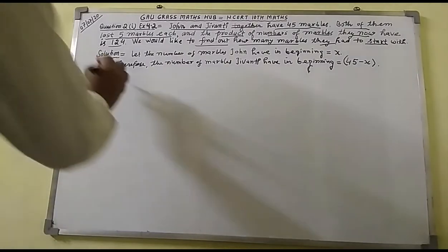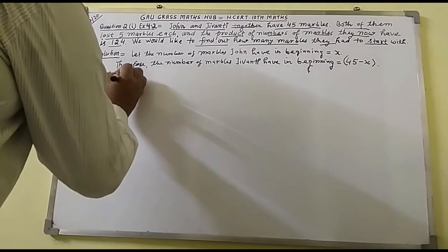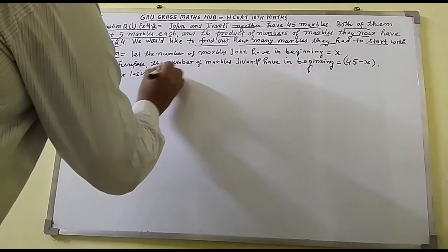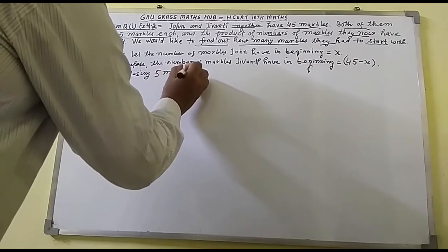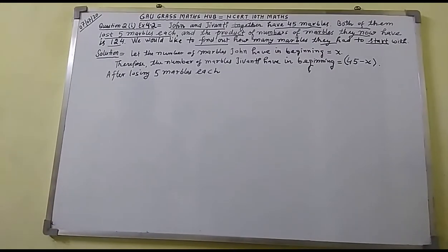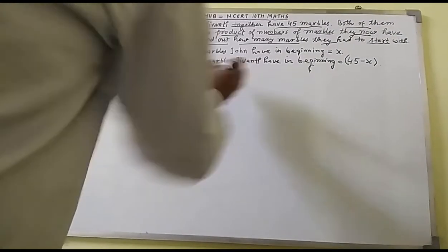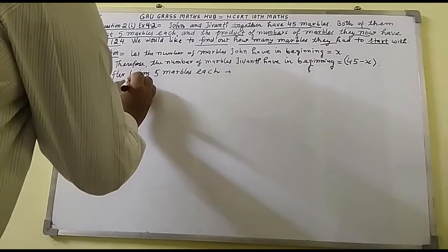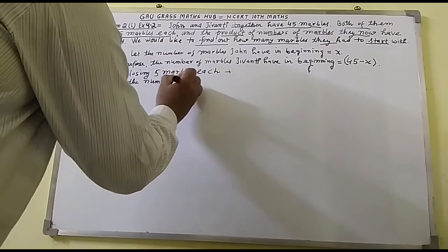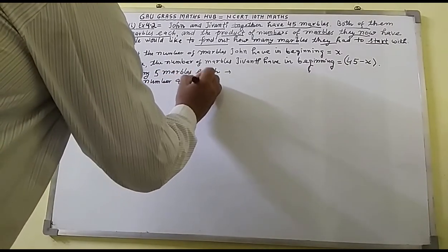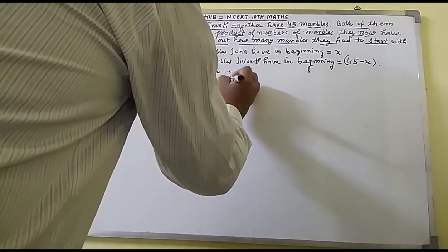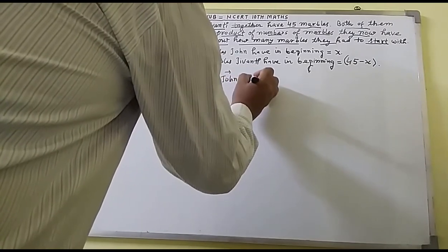Here you write, after losing 5 marbles each, the number of marbles John has now.